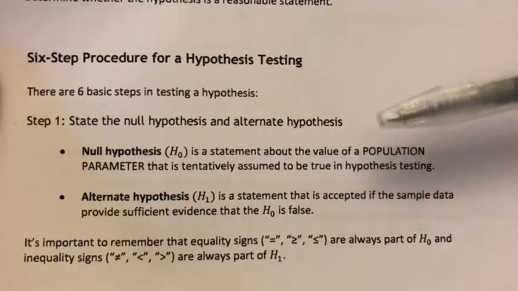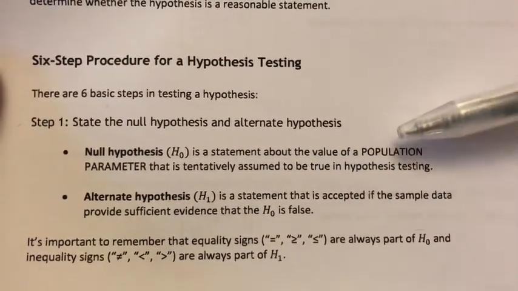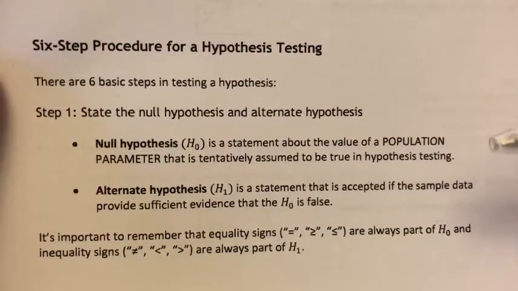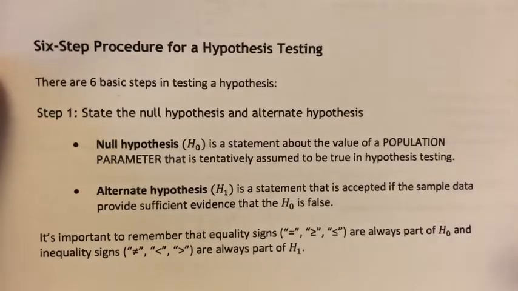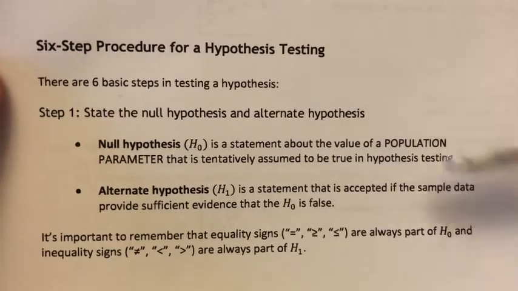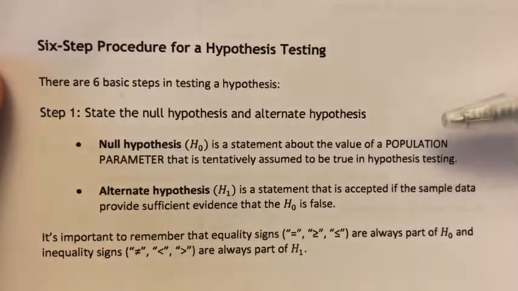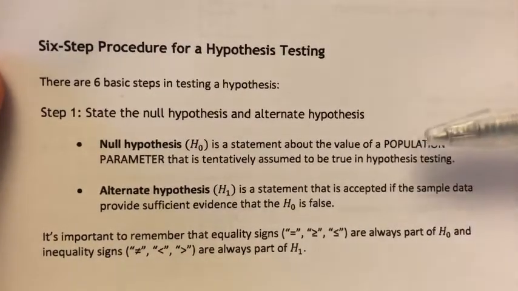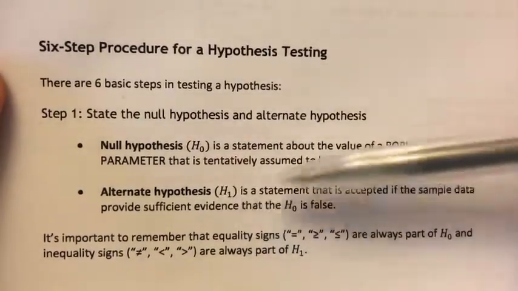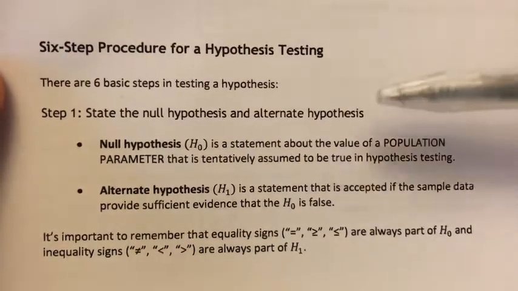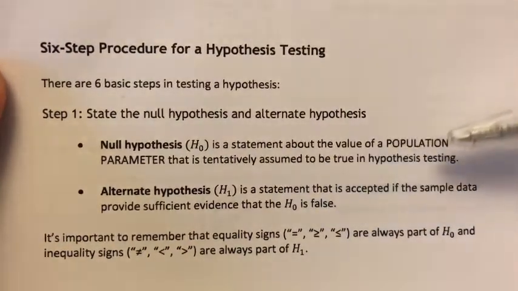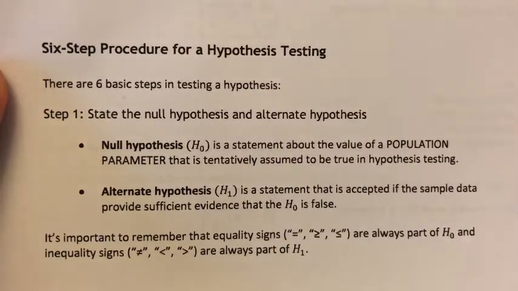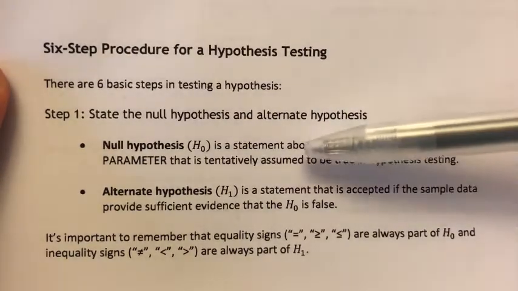It's a statement that we make about the population that we assume to be true. But what if, after conducting the hypothesis testing, based on my sample, I don't have enough evidence to support the hypothesis I made earlier? Therefore, we have to come up with an alternative statement, right? That is where the alternate hypothesis comes in. The alternate hypothesis is the statement that we accept if sample data does not provide evidence to support the null.